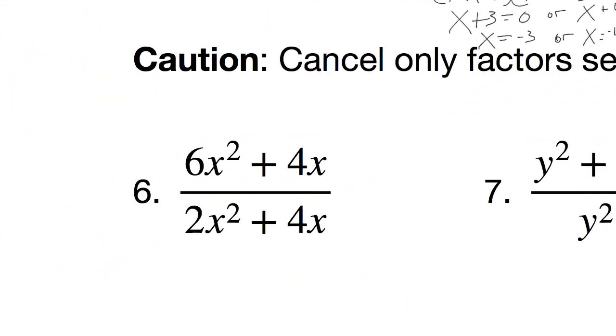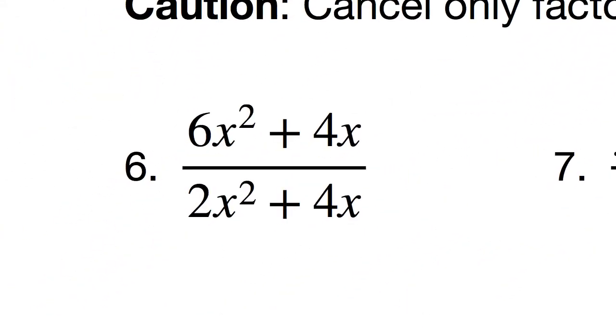Let me show you what I mean. If you were to cancel out the 4x right now, that would be wrong. What you have to do is factor. Finding the greatest common factor in the numerator is going to be 2x. 2x times what is 6x squared? That would be 3x, and plus 2.